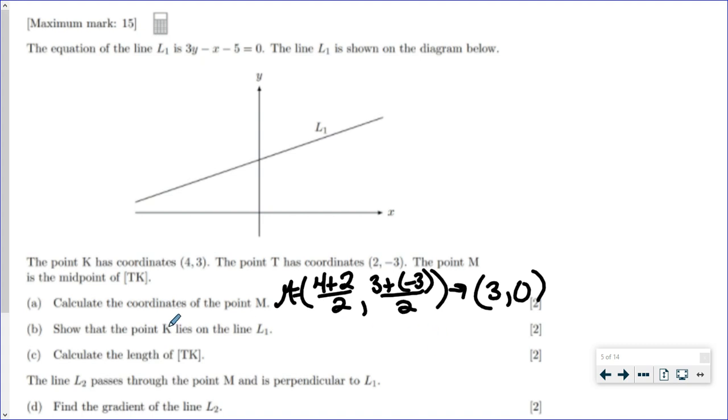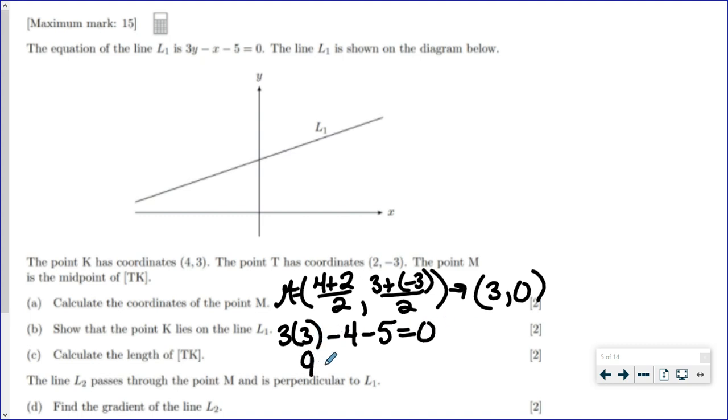Show that the point K lies on L1. So now again, I take my coordinates of K, I plug it in for the x and y into L1, and if it lies on it, it should give me a true statement. So 3 times y, which is 3, minus x, which is 4, minus 5 should equal 0.